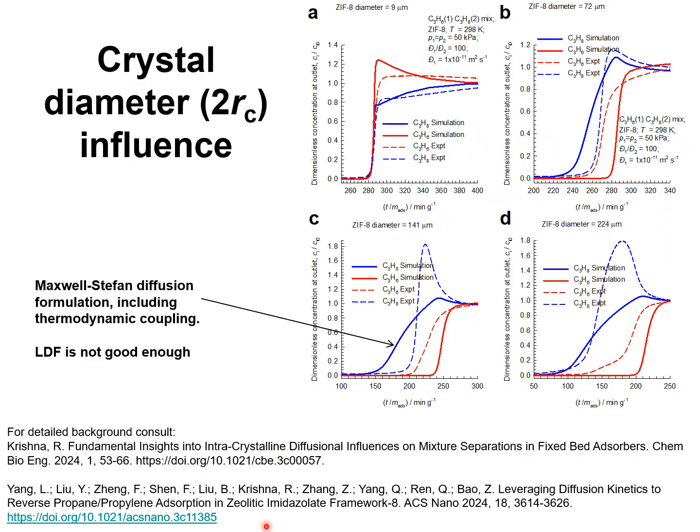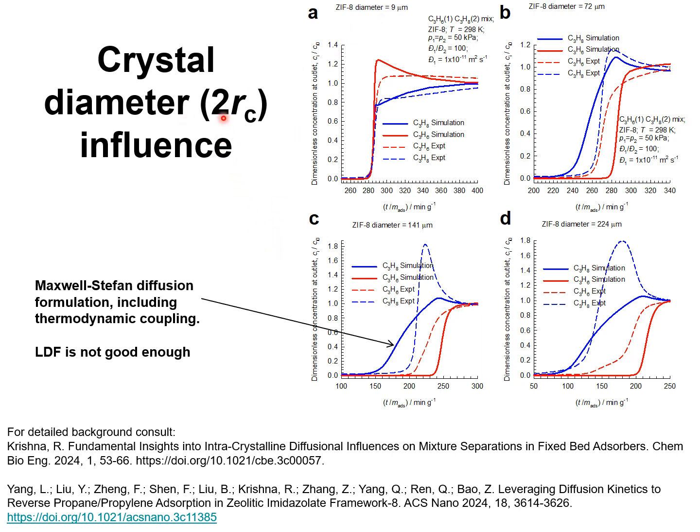In a paper that is just online in ACS Nano, experimental results are presented for breakthroughs of 50-50 mixtures of propene and propane at a temperature of 298 Kelvin in a packed tube with different crystal diameters of ZIF-8.